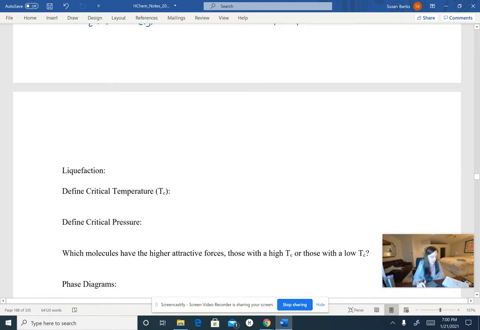Liquefaction. Now, liquefaction has a totally different meaning in geology than it does in chemistry. In geology, it is where the ground acts like a liquid in an earthquake. In chemistry, liquefaction is the process of liquefying a solid or a gas.